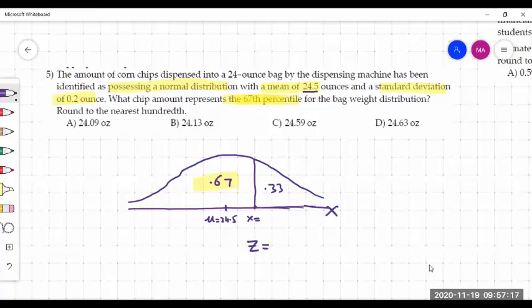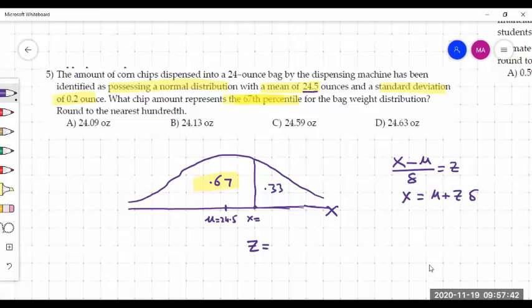Once we have this, we would use the same equation that we used earlier, (X minus mu) divided by sigma is equal to Z. To find X, if I rewrite it, X is equal to mu plus Z sigma.